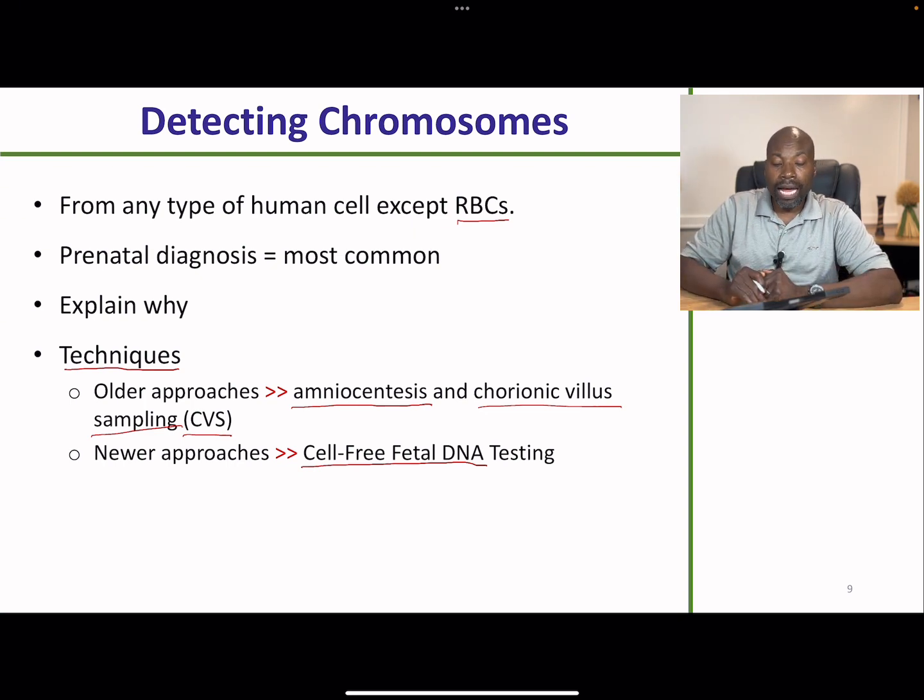Two, amniocentesis and chorionic villus sampling are not the best suited technology because they are very invasive, right? They are very invasive. So from that perspective, it's not the best technology.